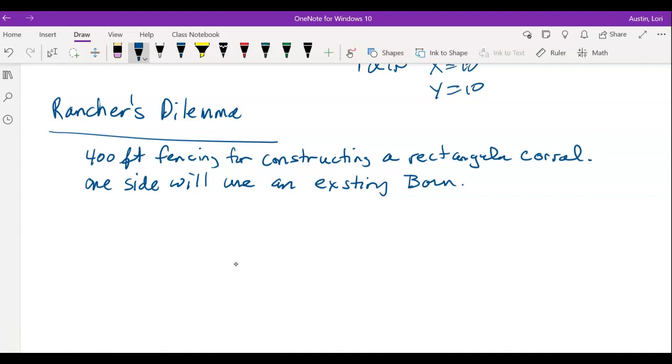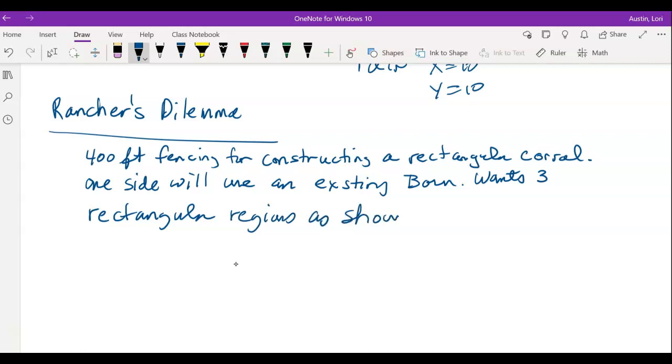So 3 exterior fences and 2 interior fences partition the corral into 3 rectangular regions. This rancher wants 3 rectangular regions as shown.